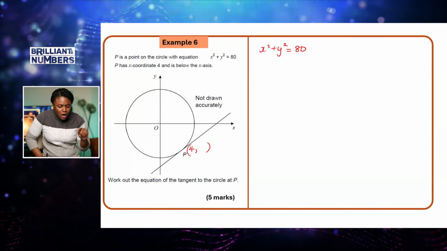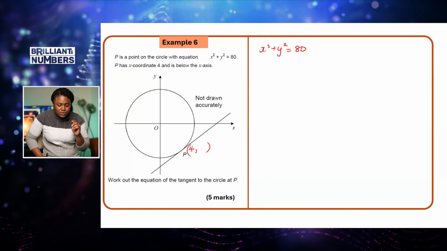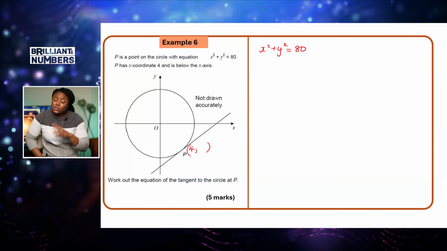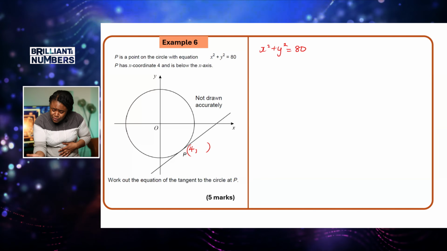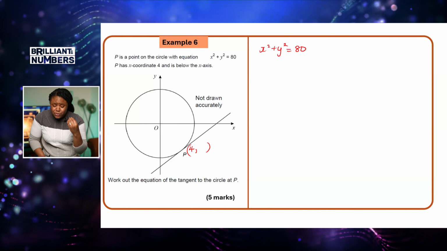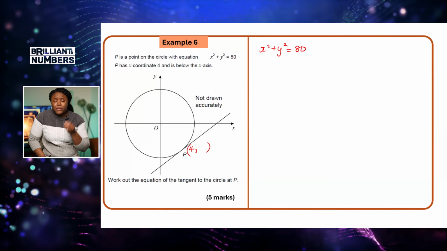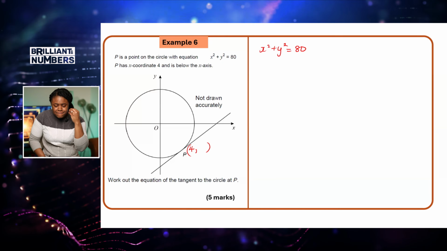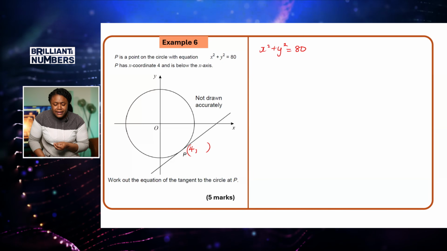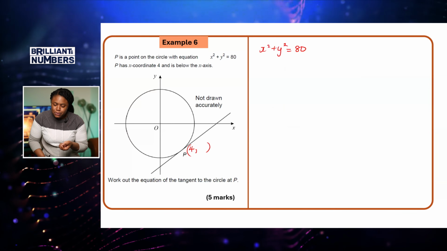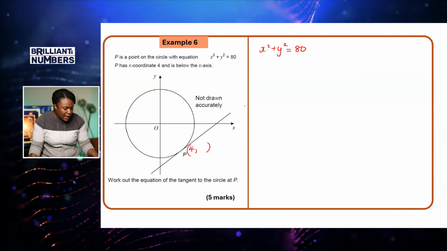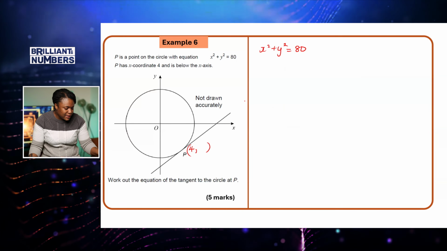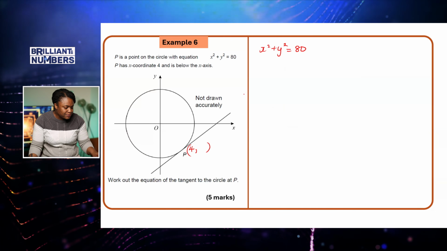It says work out the equation of the tangent to the circle at P. So clearly I'm going to need to find the radius. However, I cannot find the radius if I do not know the y coordinate of P. So my first step is to find the y coordinate by substitution. I may use my calculator at some point, but let's go.